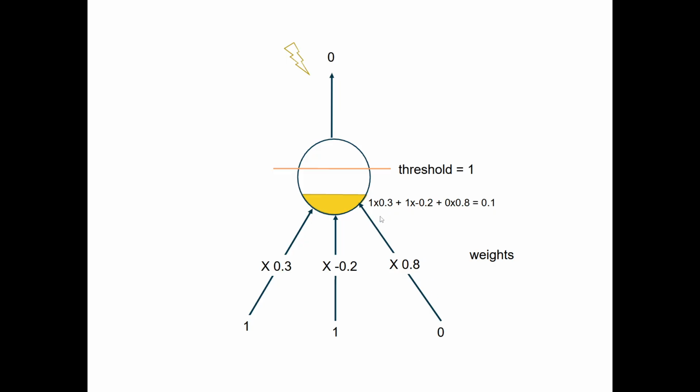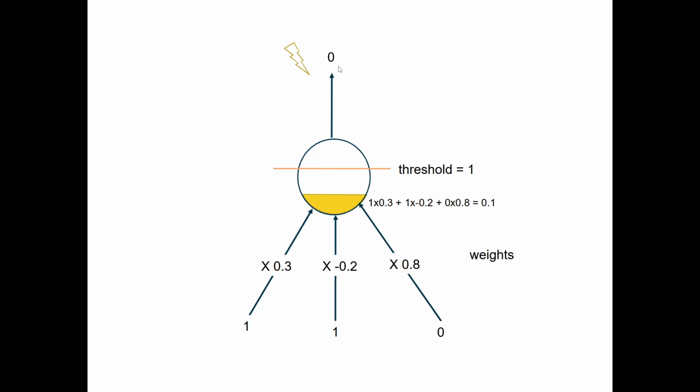So we have 1 times 0.3 plus 1 times minus 0.2 plus 0 times 0.8, and the whole thing is added together and we get 0.1. This is less than the threshold, that is 1. So the neuron returns 0.